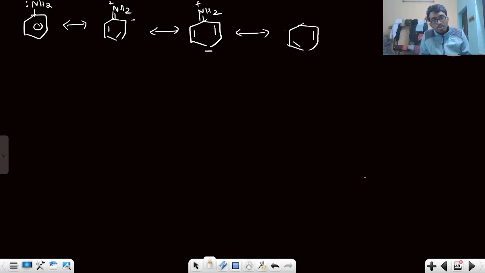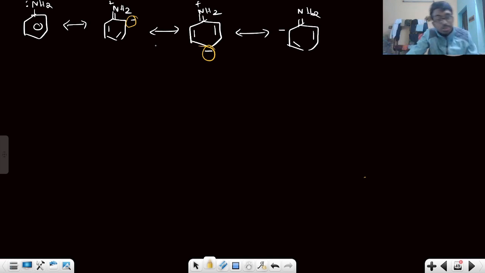Here, minus here. Another step is there that you will show. Now you see, in this case, the electron density is very high at which position? Ortho para position. So where is the electrophile supposed to attack?